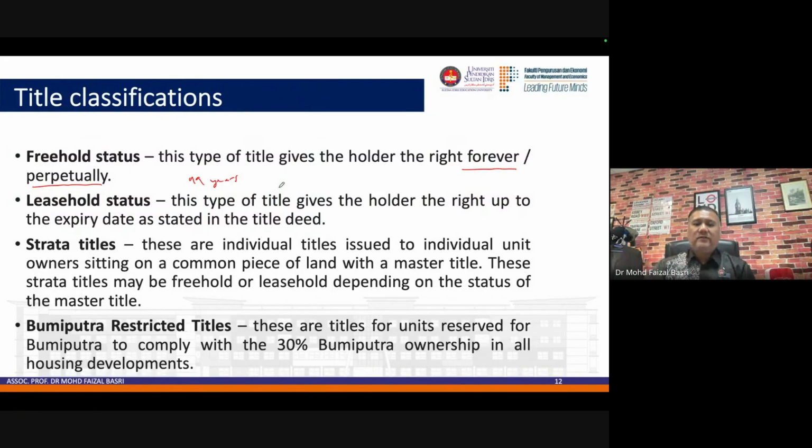So that's why if you compare the freehold properties dengan leasehold properties, freehold sebenarnya lebih mahal value dia. Tapi in the long run, even though it's more expensive, tapi you can see the difference between the peace of mind between holding a freehold dengan leasehold. Tapi kalau those yang tak fikir in the long run, dia fikir, okay, I tak hidup pun 99 tahun.